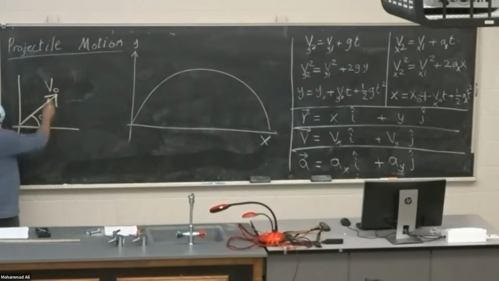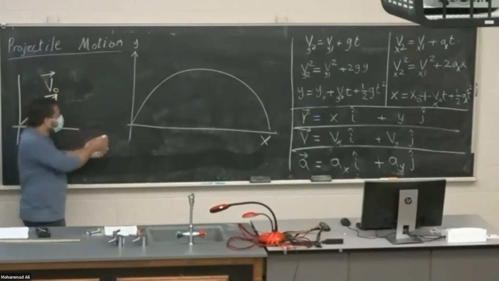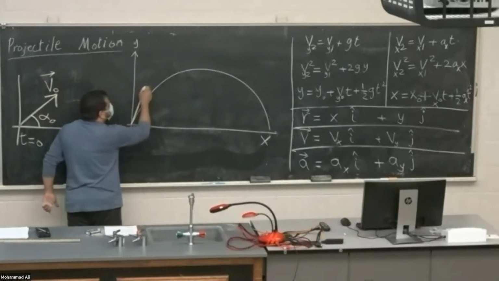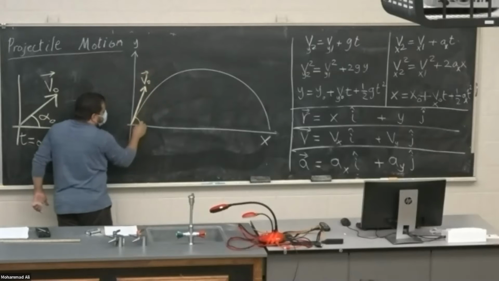The velocity is a vector quantity, and the angle at time equals 0 is alpha 0. I named them with 0 because later I have different values for them. For example, this is my alpha, this is v0, and this is alpha 0.